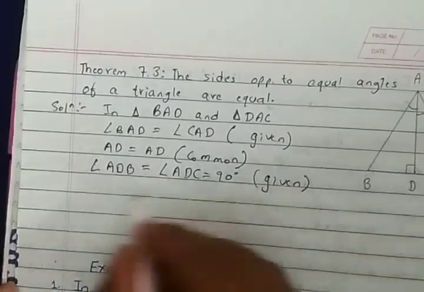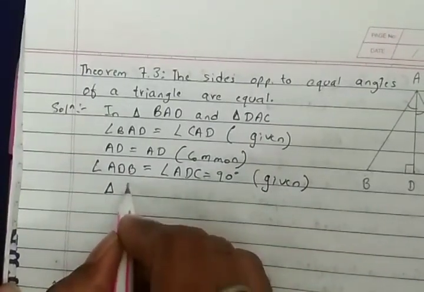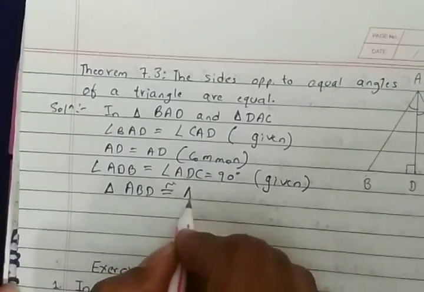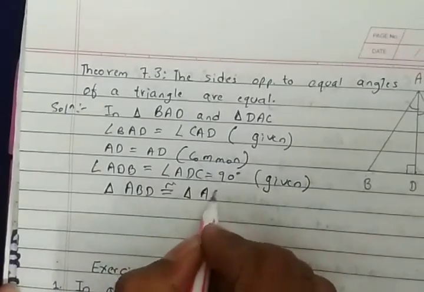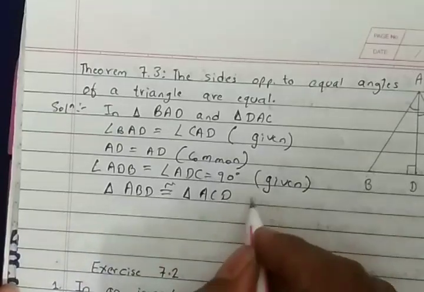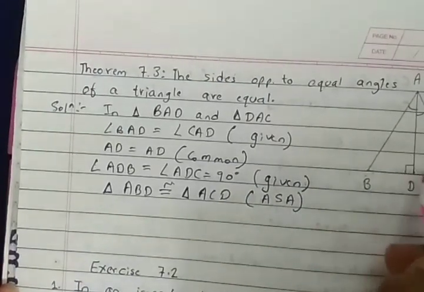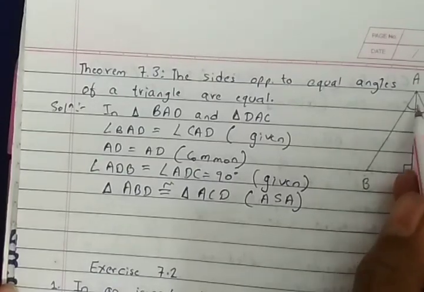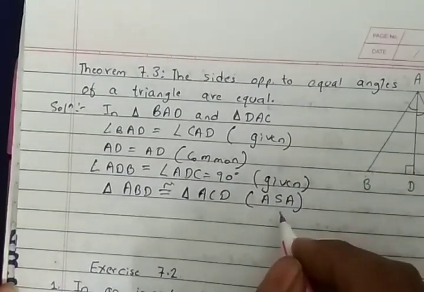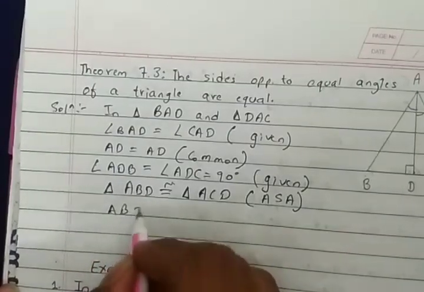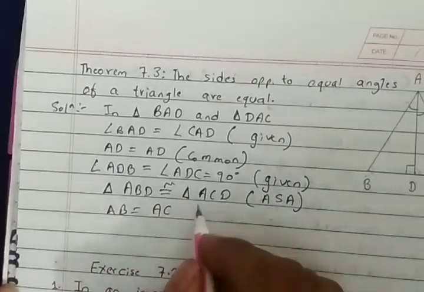Okay, now we can say that triangle ABD is congruent to triangle ACD. How can we say that? Because of angle side angle, right? This is the angle, this is the common side, and this is the angle. We can also say that AB is equal to AC. How?